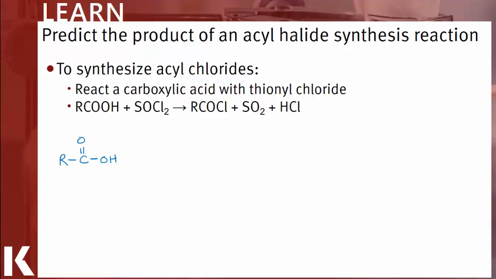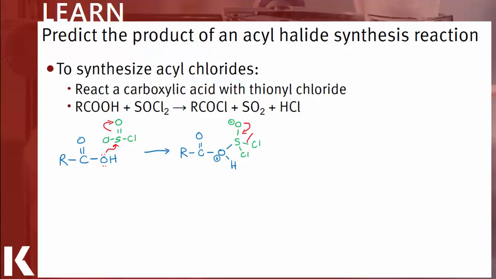Carboxylic acids will react with thionyl chloride to produce acyl chlorides, with hydrochloric acid and sulfur dioxide as side products. Briefly, the mechanism of action proceeds through the nucleophilic attack of the hydroxyl oxygen to produce an intermediate with the thionyl chloride.